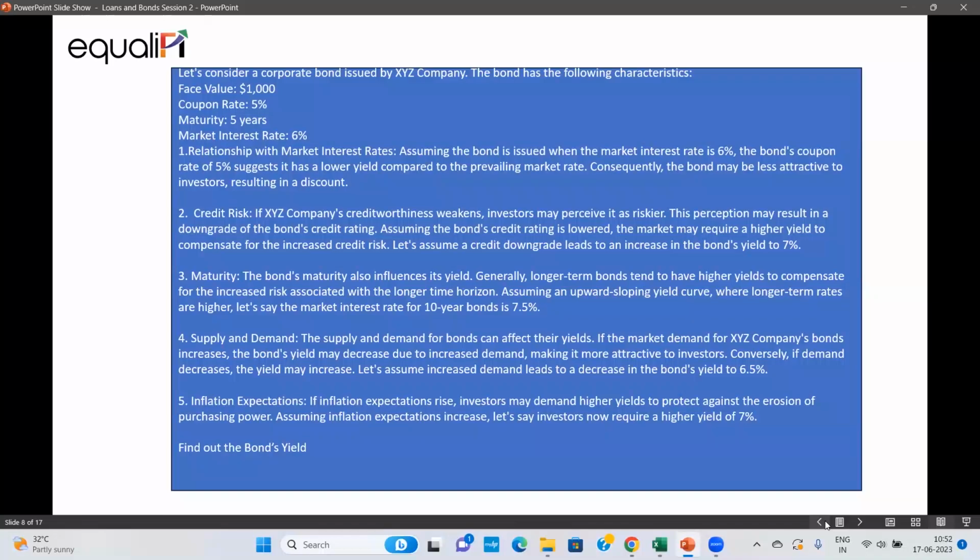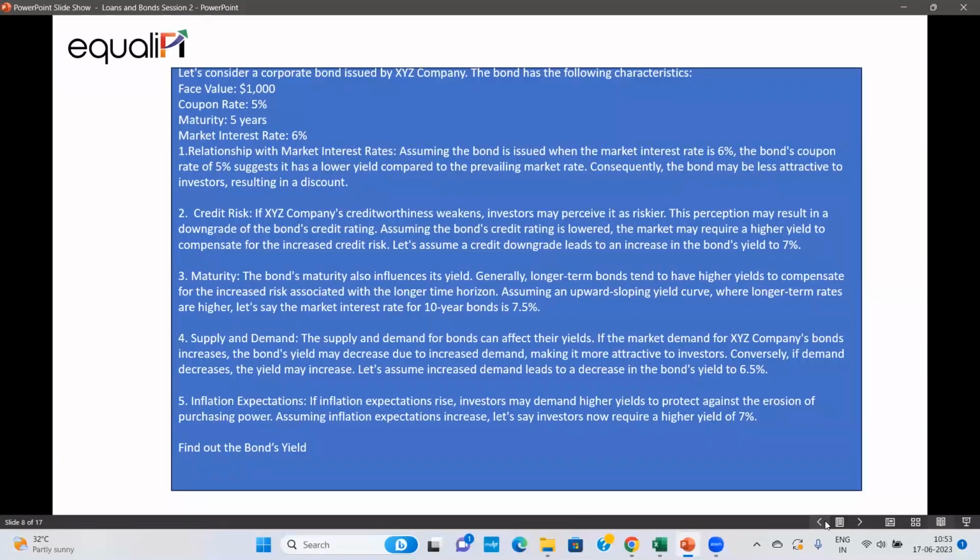Next is supply and demand. The supply and demand for bonds can affect their yields. If the market demand for XYZ company's bonds increases, the bond yields may decrease due to the increased demand, making it more attractive to the investors. Conversely, if the demand decreases, the yield may increase. Let us assume the demand leads to a decrease in the bond's yield to 6.5, right?